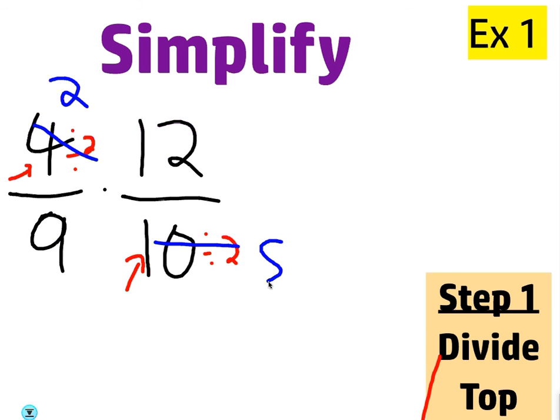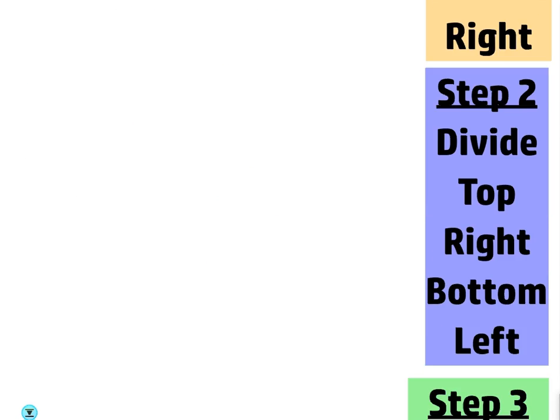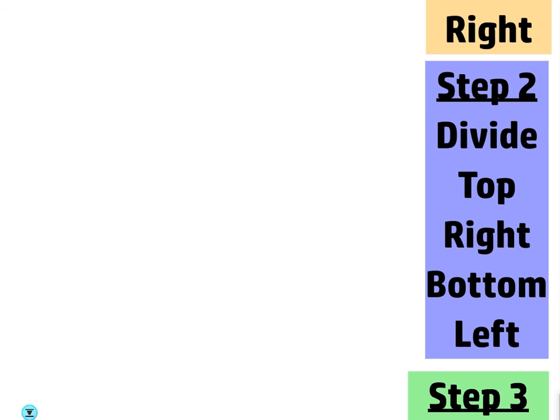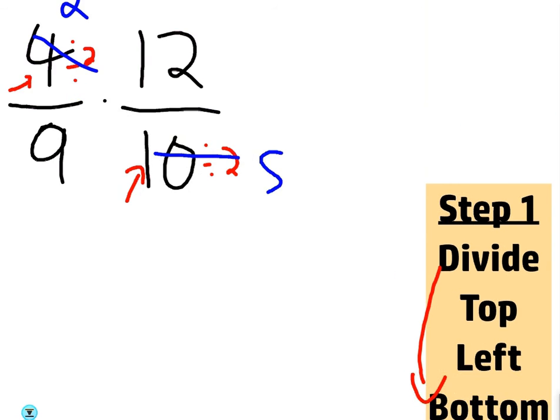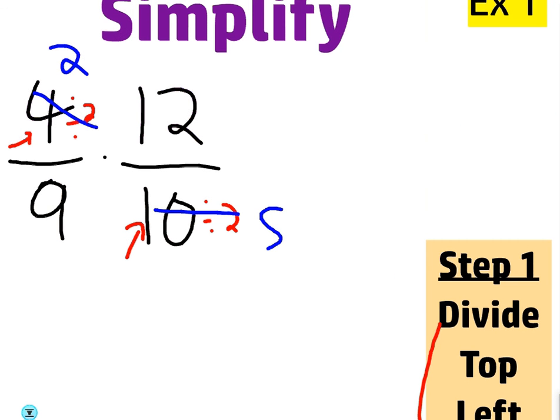Same is going to be true when we go from the top right to the bottom left. So in other words, top right's 12, reduce that with the bottom left, which is 9. How would we cross reduce 12 and 9? Good, divide by 3. 12 over 3 is 4. 9 over 3 is 3.